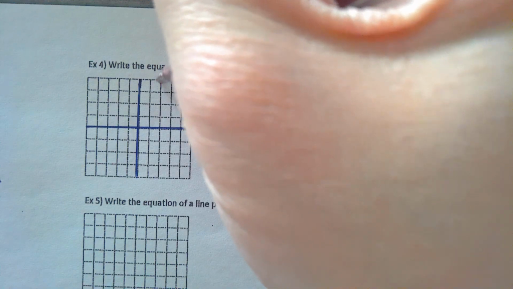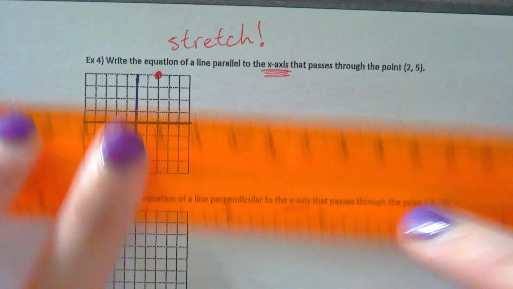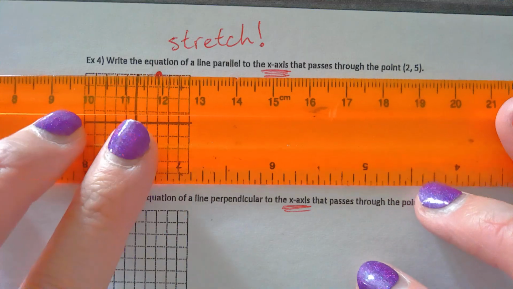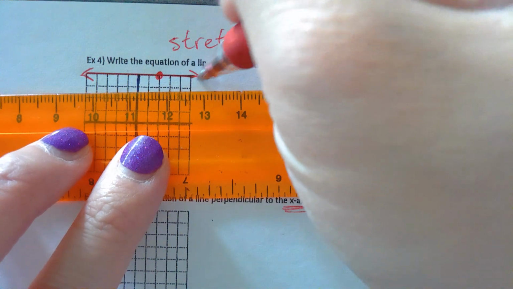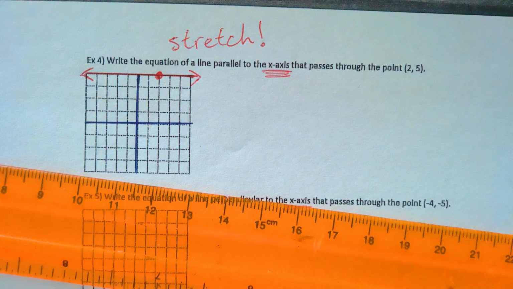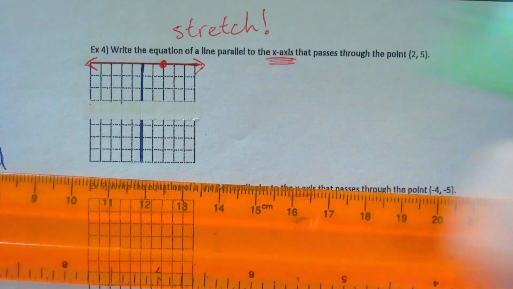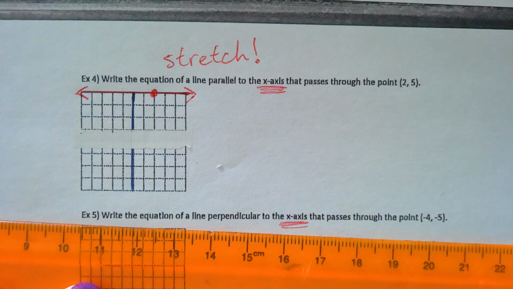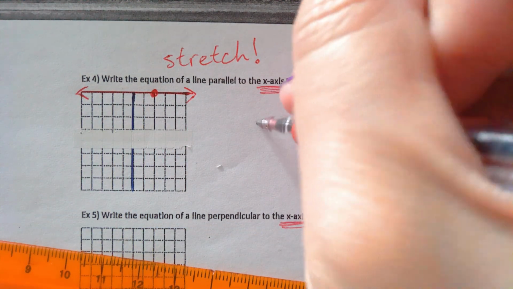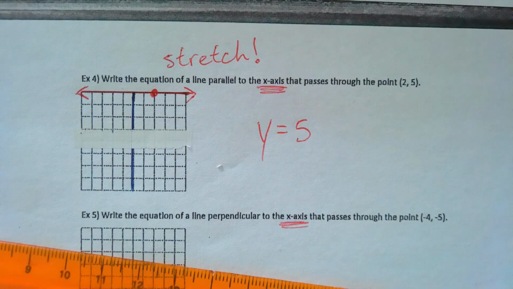Oops, I drew it too high. So I'm looking for the equation of this line. Horizontal line. What's the equation? Yeah, that's it. So the equation is simply y equals 5.